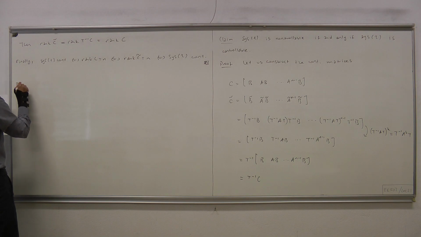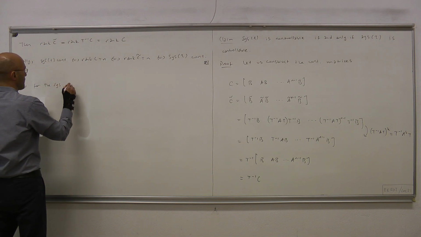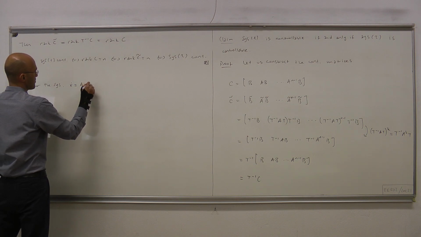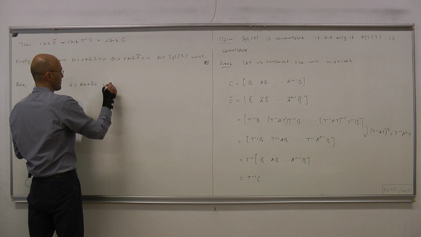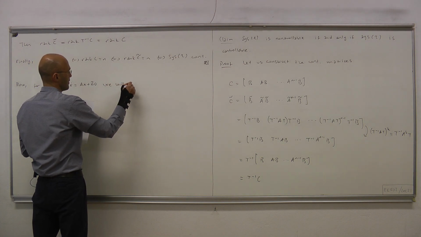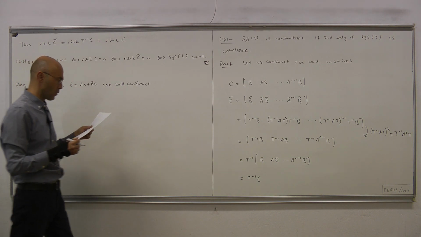Now, for the system x dot equals Ax plus Bu, we will construct the so-called controllable decomposition.